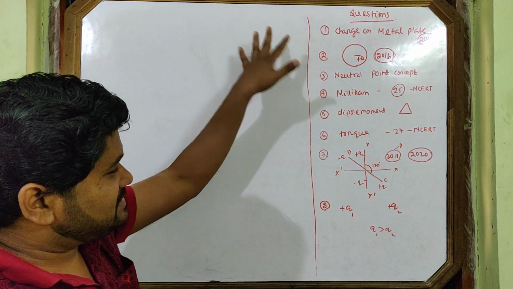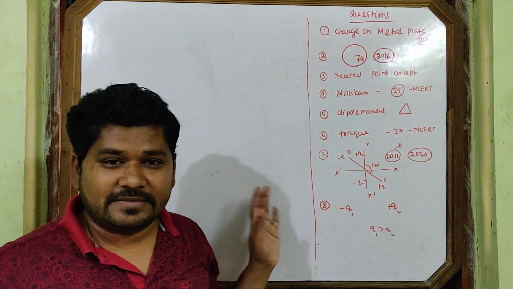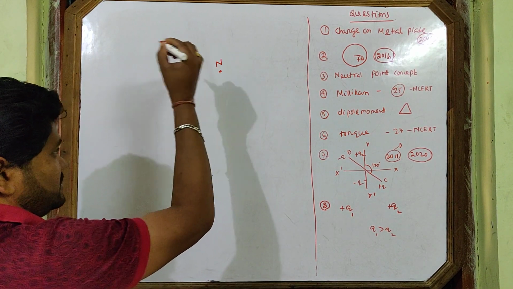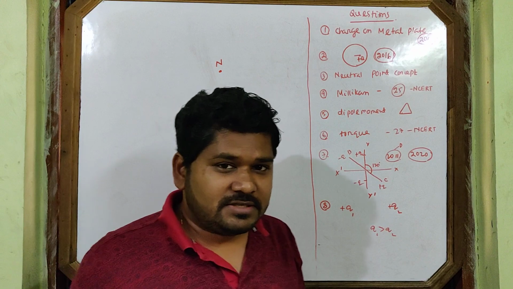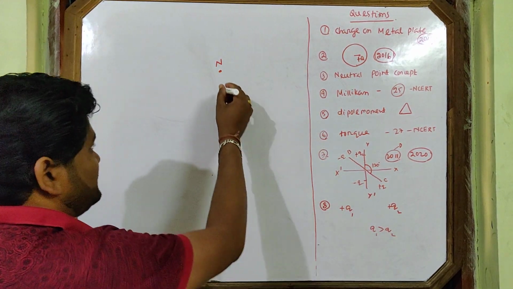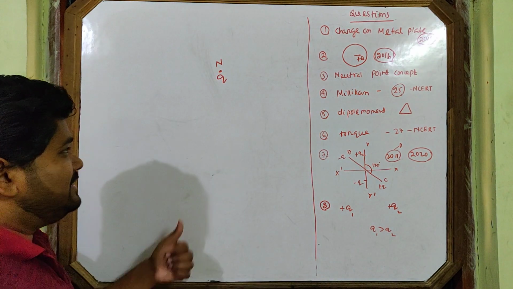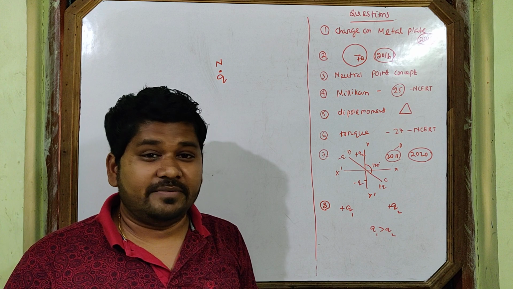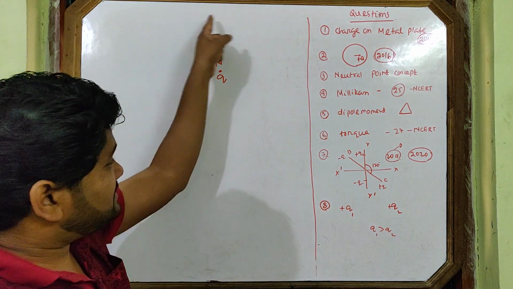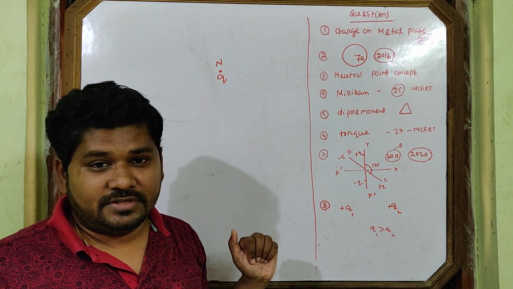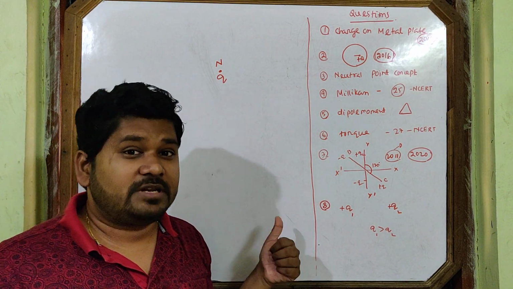Suppose an electric field exists here on this whiteboard, but there is a point called a neutral point. That means if a third charge is placed at this point, it will not experience any force. Though there is an electric field, at this point it experiences no force.